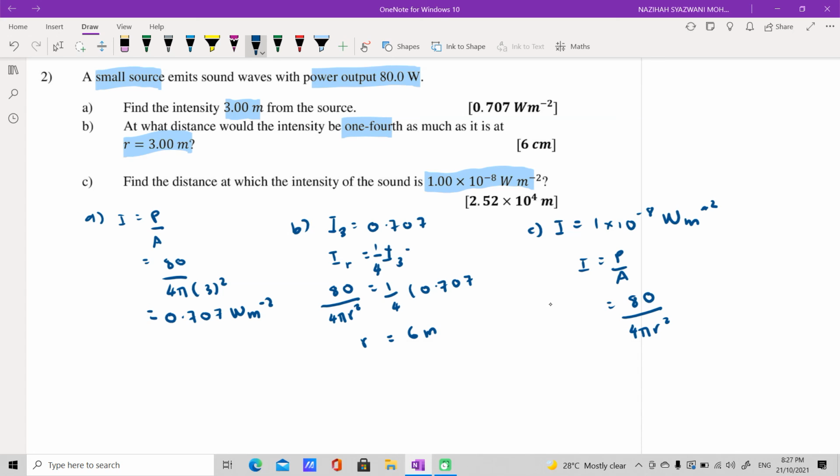They want to find the radius, the distance. Make r the subject, and your answer should be 2.52 times 10 to the power of 4 meters.